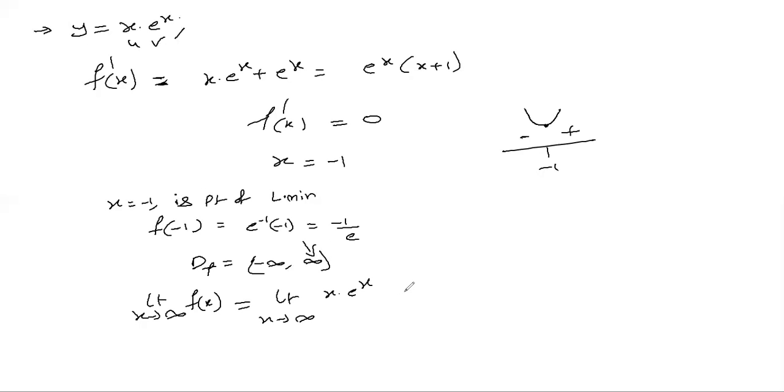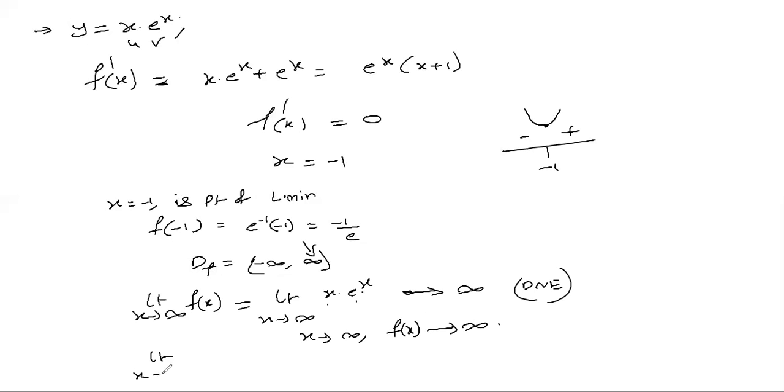This is nothing but infinity into infinity. Infinity into infinity means it reaches infinity, so it does not exist. But what we can understand is, whenever x is reaching infinity, the function f of x reaches infinity. What about at negative infinity?